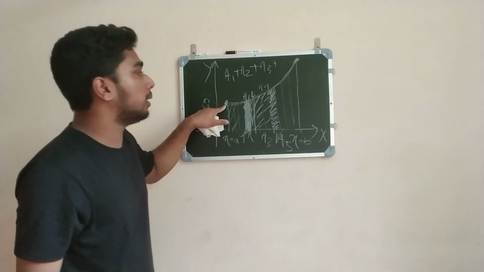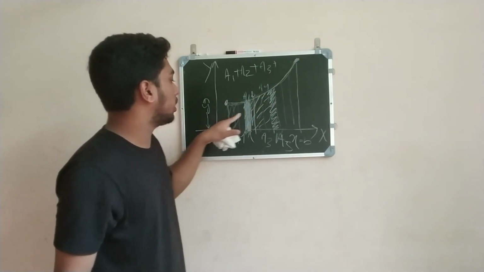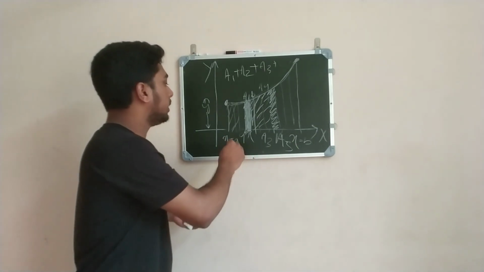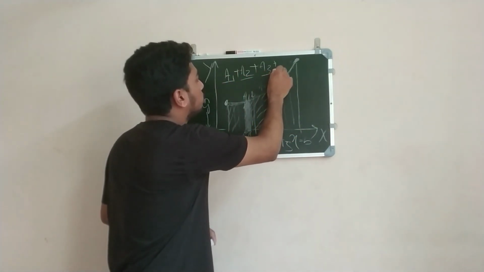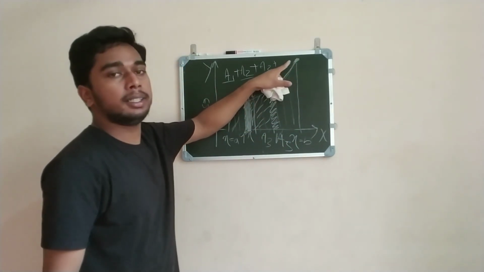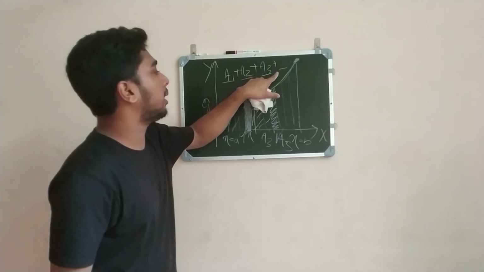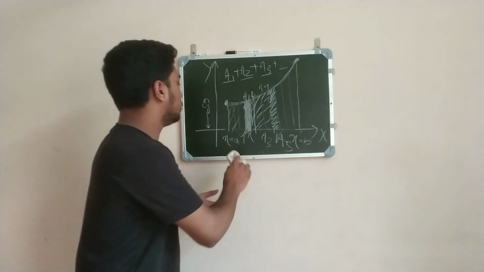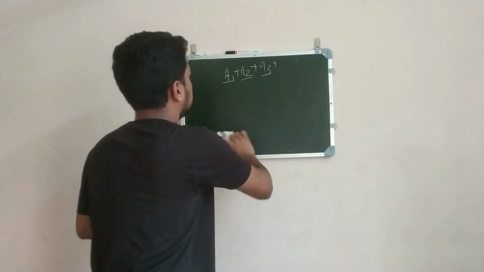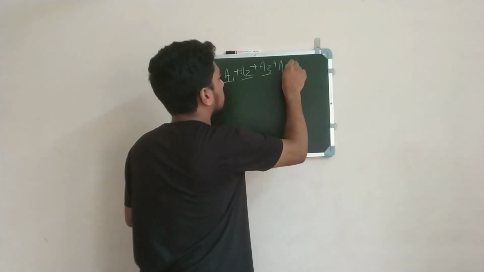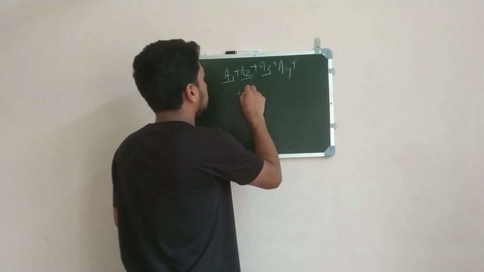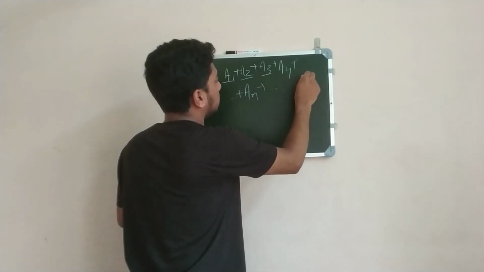Then to find the area under the curve from x is equal to a to x is equal to b, I will join all the area elements A1, A2, A3, and so on.